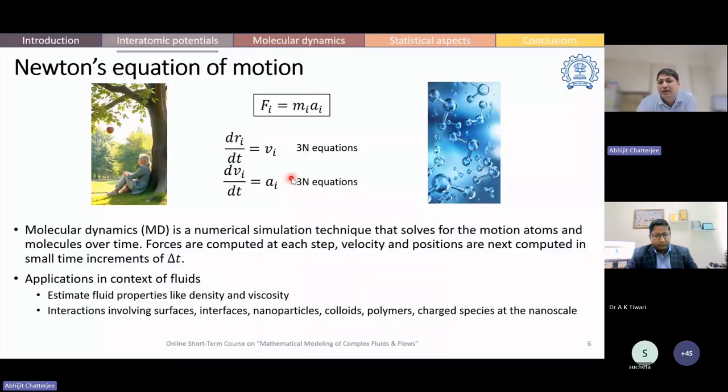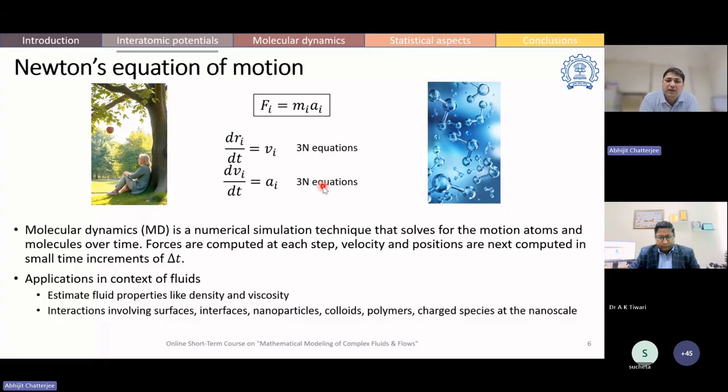And there are going to be N atoms, and every atom, remember, has x, y, z coordinates. So there will be 3N position equations, which will be coupled because of the interactions between the particles. And there will be 3N velocity evolution equations. So a total of 6N equations have to be solved.